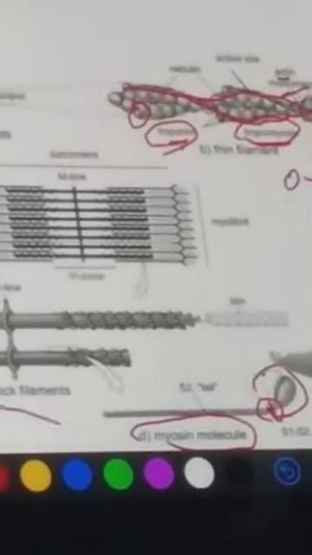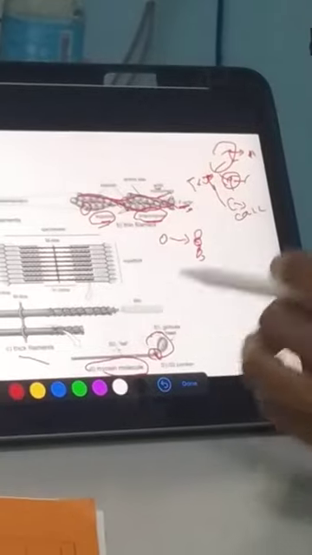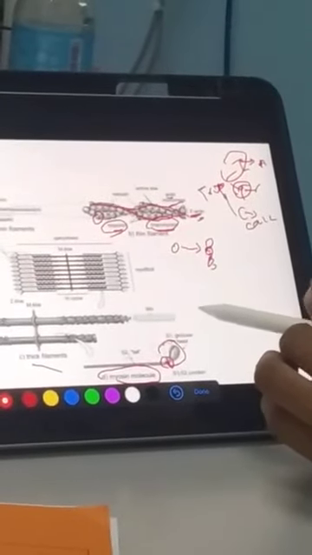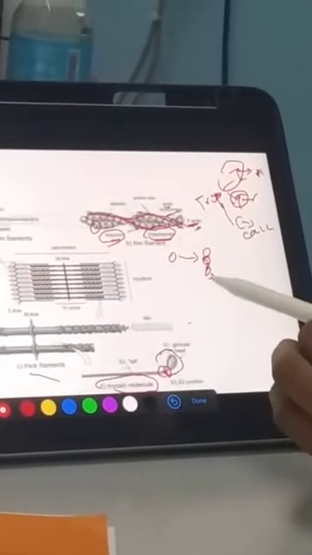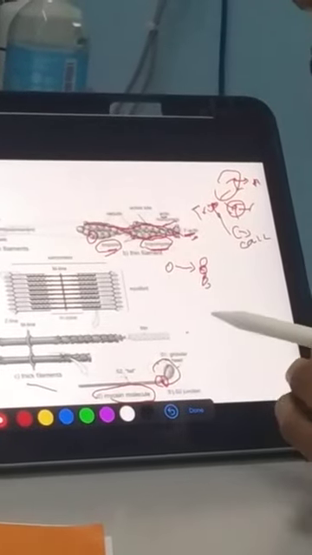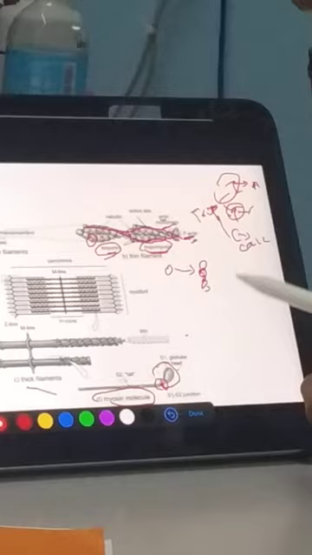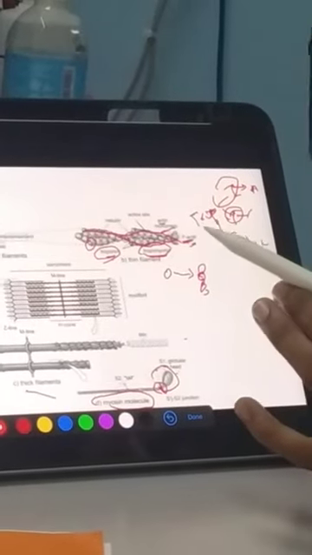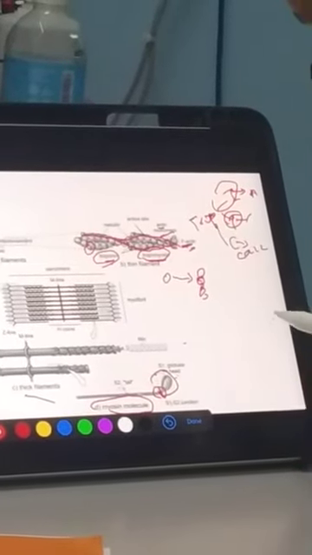Some people call it S1, the S1 to S2 junction, or S2 tail, but for me, I just prefer to say head, arm, tail. There are six polymers combined in this, which is 4 light chains and 2 heavy chains.